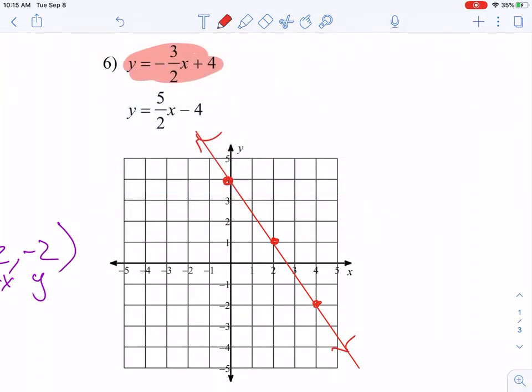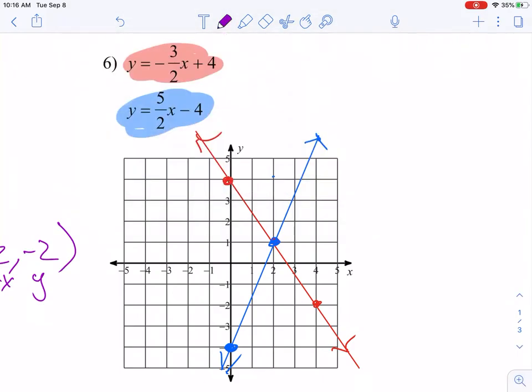For my blue equation, I'm beginning at negative 4. And I can count up 5, right 2. 1, 2, 3, 4. Right 2, somewhere out there. And I just did that one to help me make a better line.